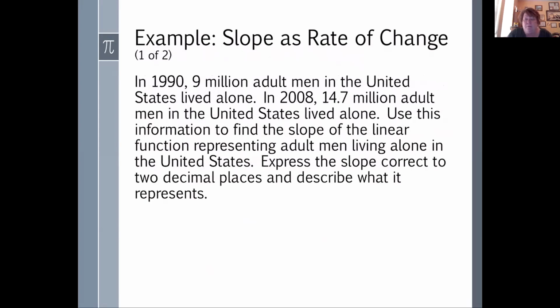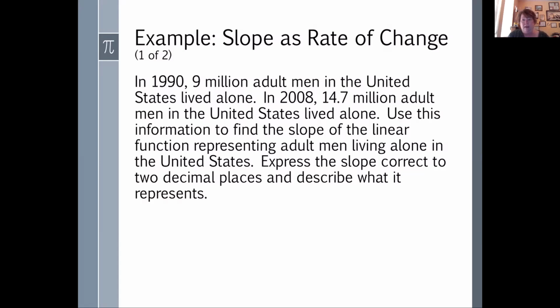So for example, let's find the rate of change for this example. In 1990, 9 million adult men in the United States lived alone. In 2008, 14.7 million adult men in the United States lived alone. Use this information to find the slope of the linear function.